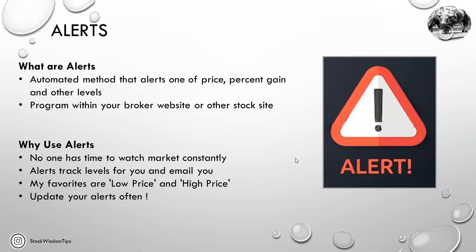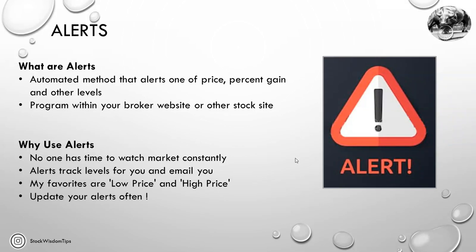And essentially, these programs exist within different programs or different websites. Your broker website, I particularly use E-Trade, will have an alerts system within it that will allow you to configure the stock you're looking at.